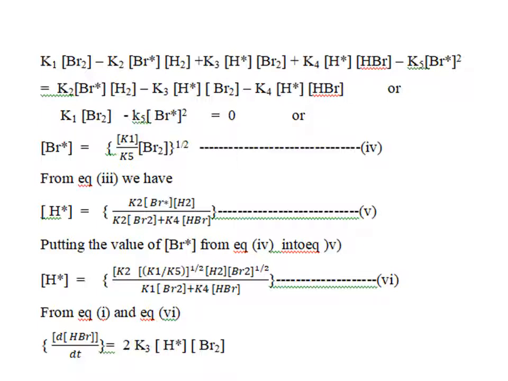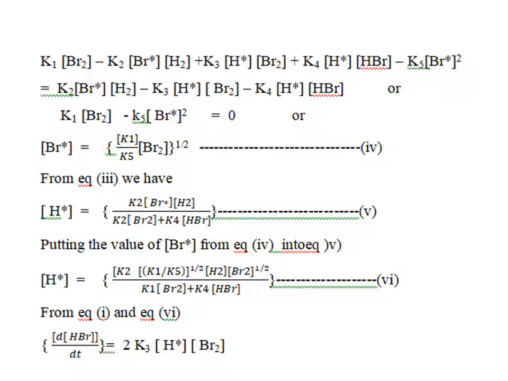Now putting the value of Br star from equation 4 into equation 5, H star will be equal to K2 into K1 over K5 under root into concentration of hydrogen molecule into concentration of Br2 power 1 by 2 over K1 into Br2 concentration plus K4 into HBr concentration.